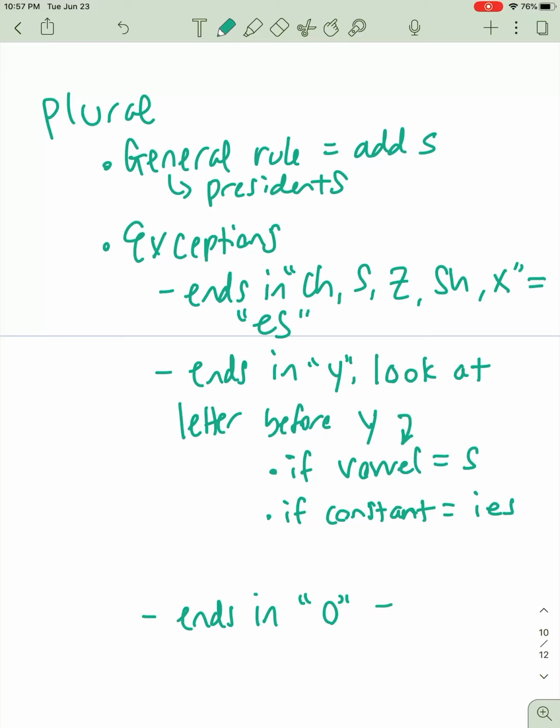So with words that end in O, there's no specific rule. Generally, you just add an S, except for the exceptions. So what I would encourage you guys to do is just look over the list of common exceptions to ES and memorize those. And any others, most likely you're just going to add an S.